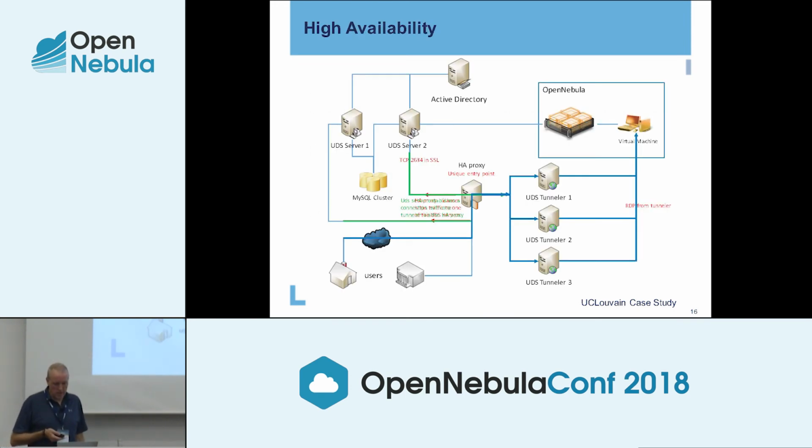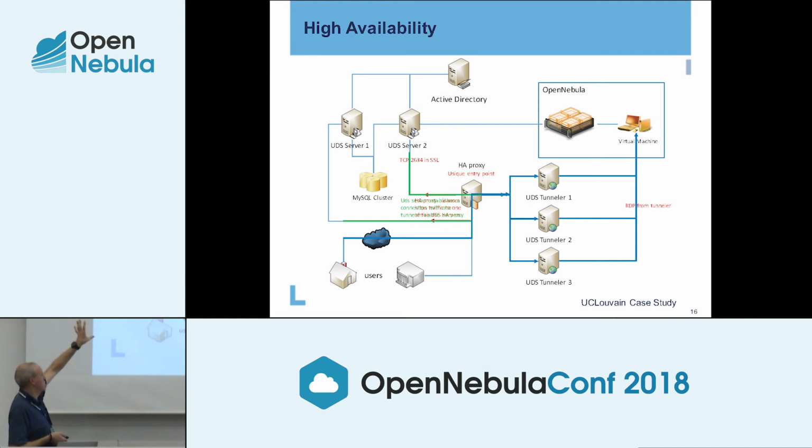Okay, high availability. We wanted to use several servers to be sure that the load average was not too high on the servers. So we installed HAProxy, which balances the traffic to one of the servers.